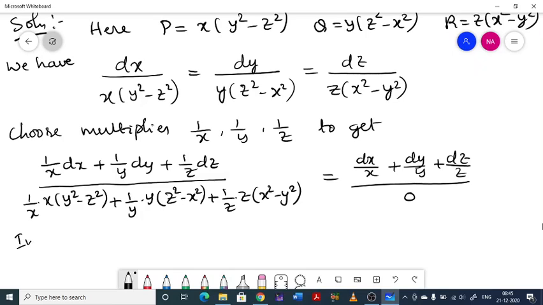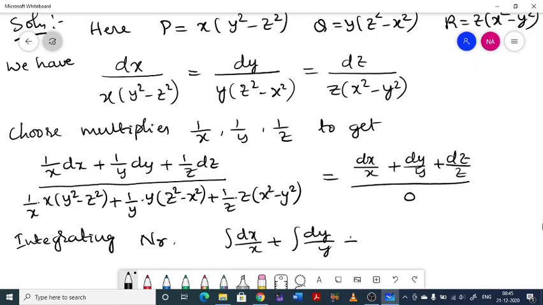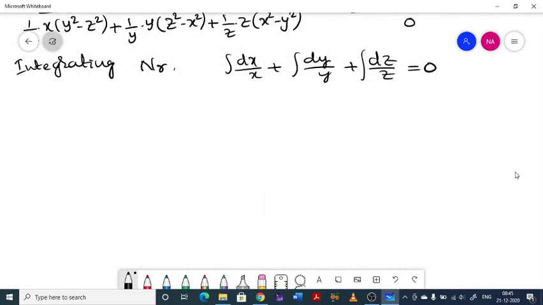Integrating the numerator, I'll get integral dx by x plus integral dy by y plus integral dz by z equal to, okay, that will not be 0, it is c1.